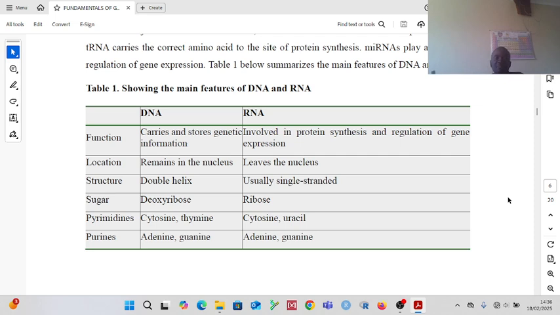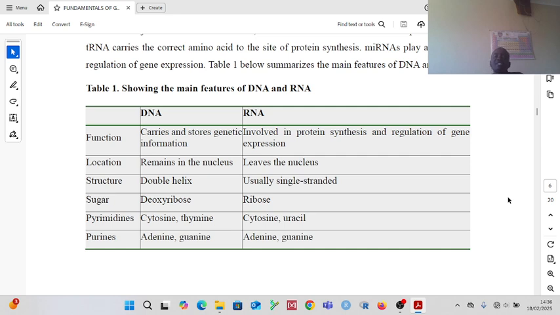The difference between these two in terms of the nitrogenous bases happens in the pyrimidines, where in DNA we have thymine, but in RNA we have uracil. Okay? In DNA we have thymine, in RNA we have uracil.